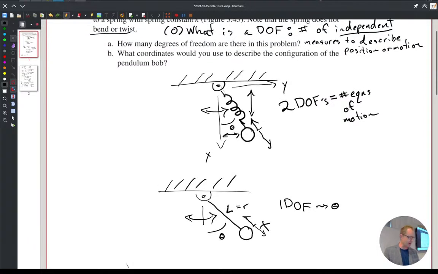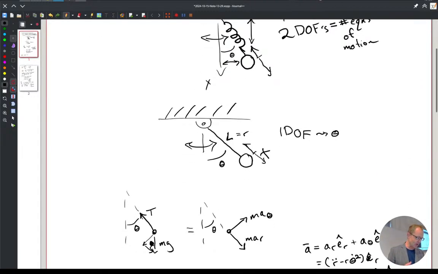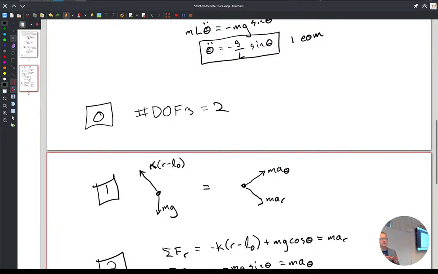When you have a spring and something moving around connected to the spring, I have to know there are 2 degrees of freedom. To know where it is, I need an X and a Y, or theta and R. So if I know there are 2 degrees of freedom, I'm looking for 2 equations of motion.